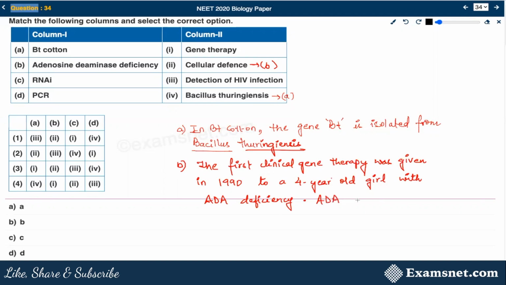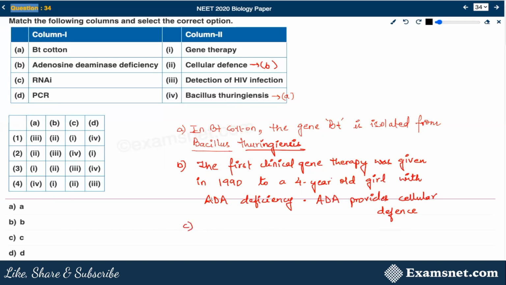ADA provides cellular defense in the body. All right, so this will be the case.